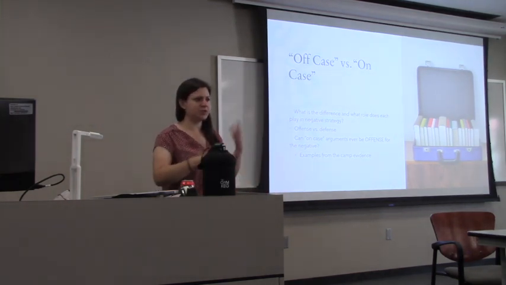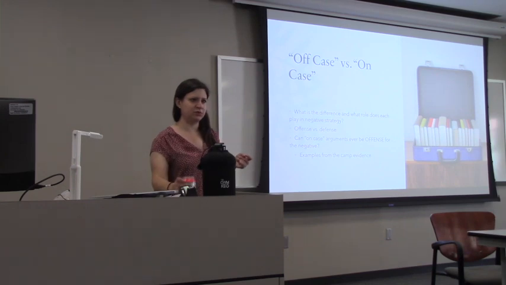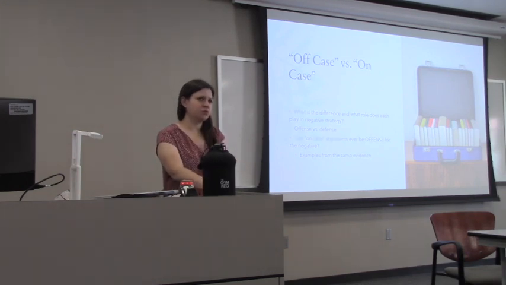And what kind of role does each of those play in negative strategy? This sort of gets back to the offense-defense question. Yeah, in the back. Off cases normally will be more offensive, and on cases will be more defensive, depending on what they said.